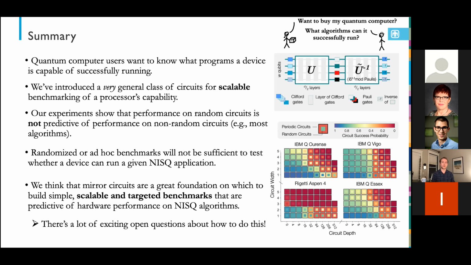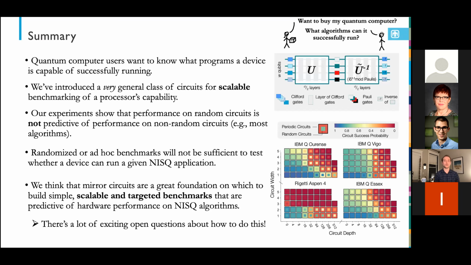One of the things these experiments are showing is that performance on random circuits is not going to be predictive of performance on non-random circuits, at least not until devices have been so improved that really all you're left with is basic IID depolarizing noise. But we think that these mirror circuit benchmarks are hopefully going to be a nice foundation to build scalable and targeted benchmarks that can predict how well a particular application will run.